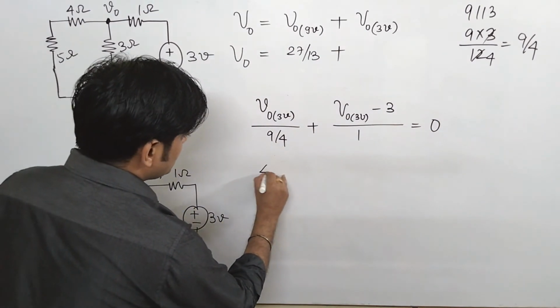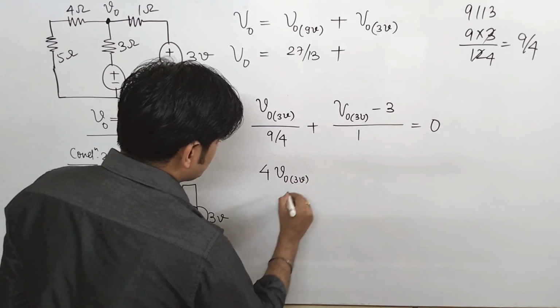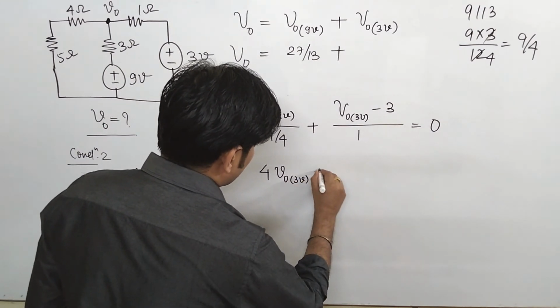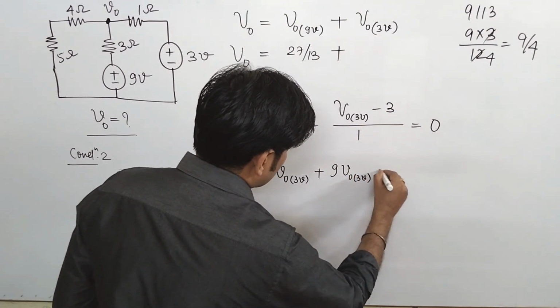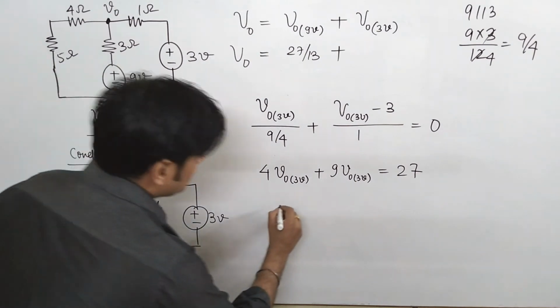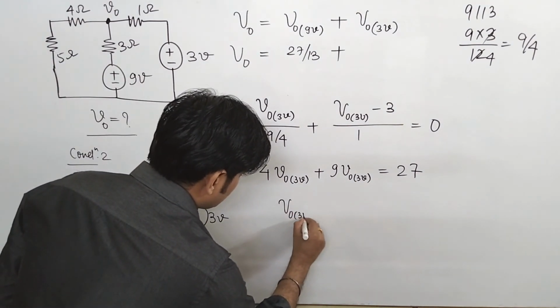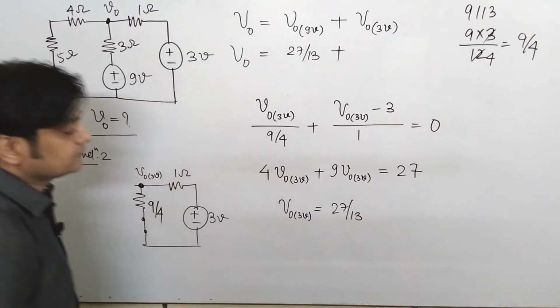Okay, so you can say it is 4 V naught because of the 3 volt source plus 9 V naught because of the 3 volt source is equal to 27. Or how much is it? V naught because of the 3 volt source is again 27 by 13.